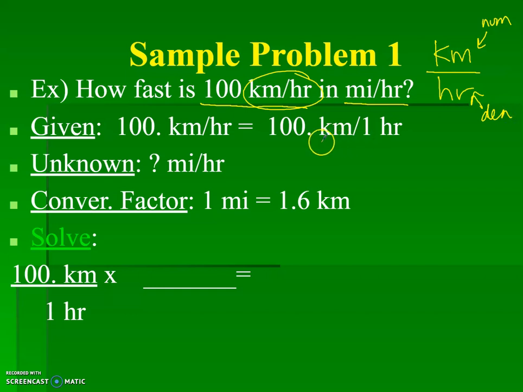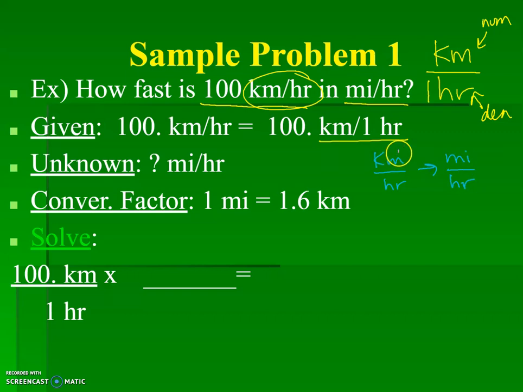So I can change this hour into 1 hour, because this is saying per 1 hour here. So what I'm looking to do in this problem is convert kilometers per hour into miles per hour.